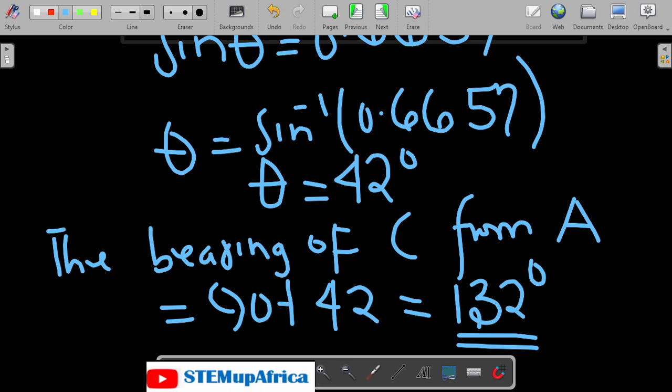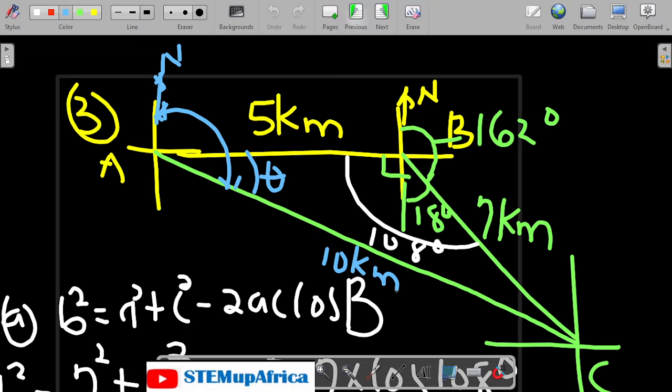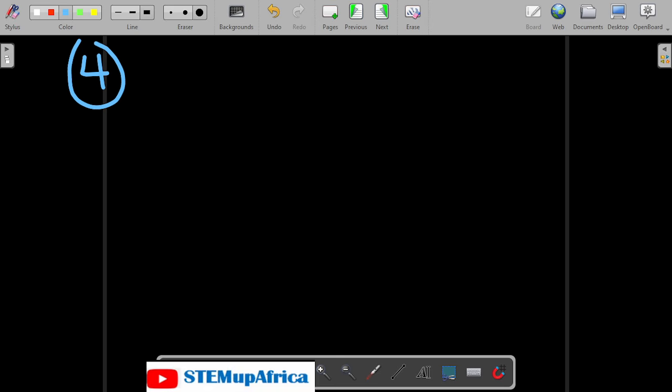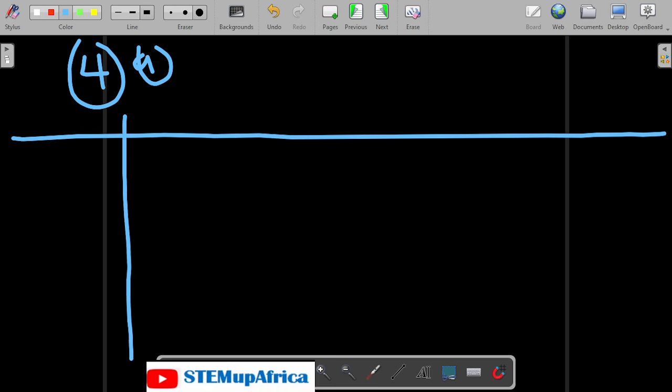Question 4 says you construct a cumulative frequency table of this data, draw the ogive and use it to estimate the median. So question 4A, I will have my table this way. This is class interval.